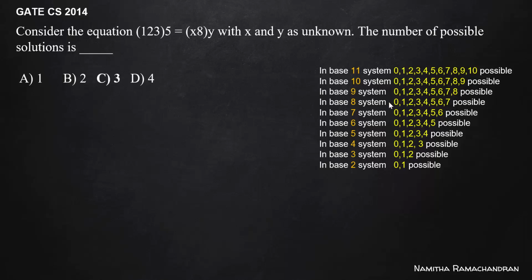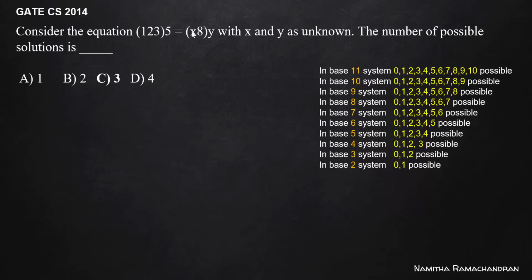So on, in base 8 system, we can use 8 different symbols, from 0 up to 7. And in base 9, we can use 9 different symbols, ranging from 0 to 8, and so on. Similarly, we can consider any base system.